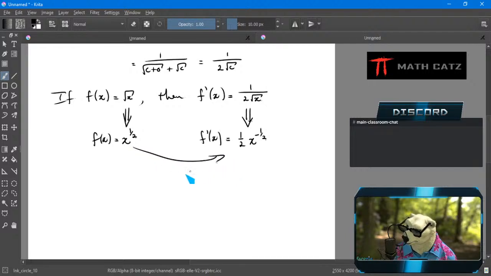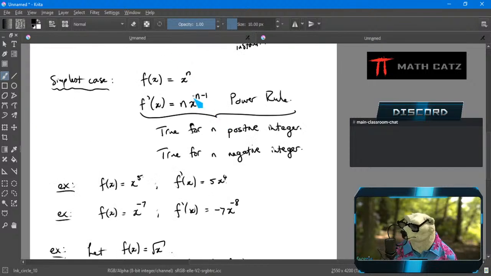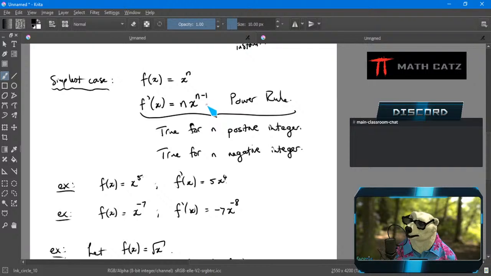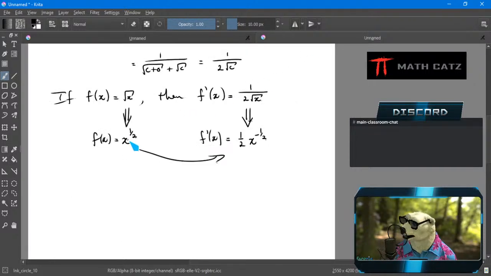Now, what would the power rule suggest? The power rule says take the power of x and move it to the front. Okay, the power of x was 1/2. It is at the front now. And then the new power of x is 1 less. Well, 1/2, what it was originally, minus 1 is negative 1/2.